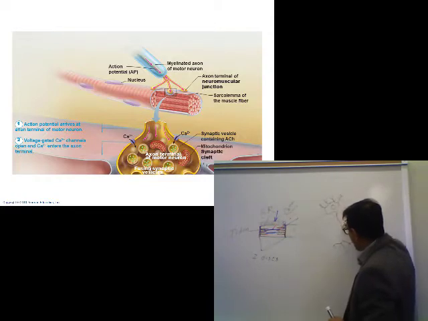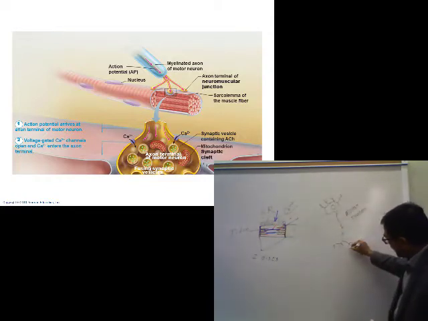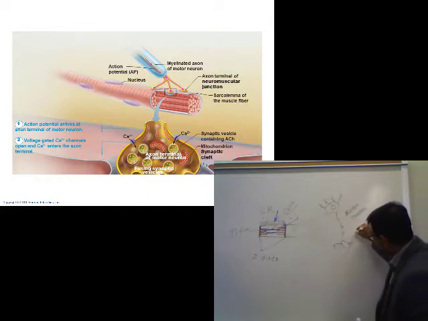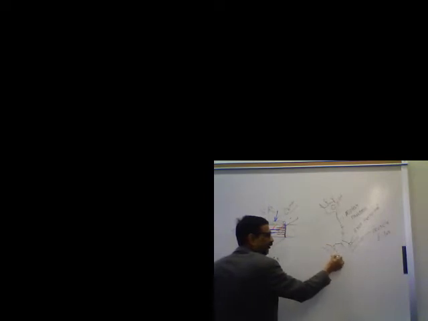So the signal goes this way, and these are axon terminals, and the axon terminals end on the muscle fibers. So this neuron has, for example, 3 axon terminals, and they end on 3 different muscle fibers.